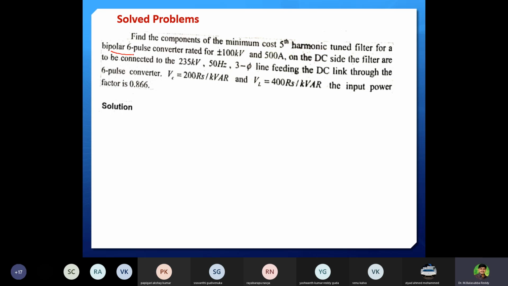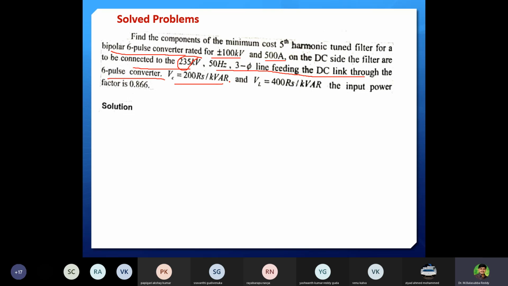That is a 6 pulse converter rated for plus or minus 100 kV, that is a pole, you can say positive pole and negative pole, and 500 amperes, and a DC side filter is to be connected to a 230 kV 50 Hz 3-phase line feeding the DC line through the 6 pulse converter.